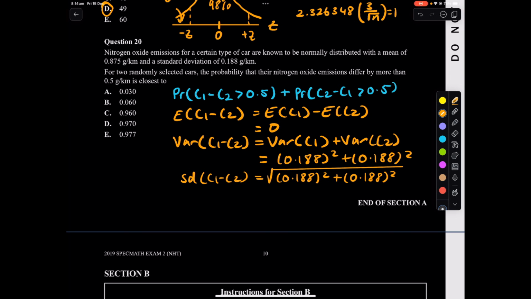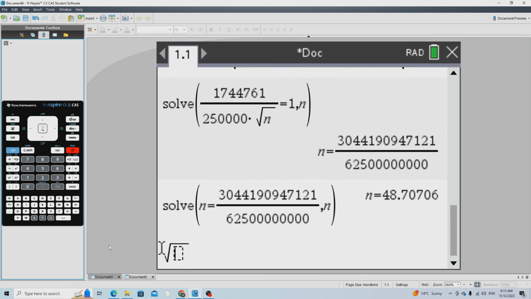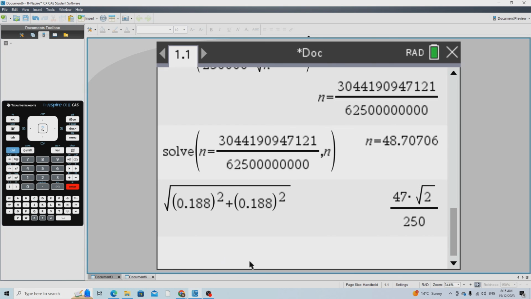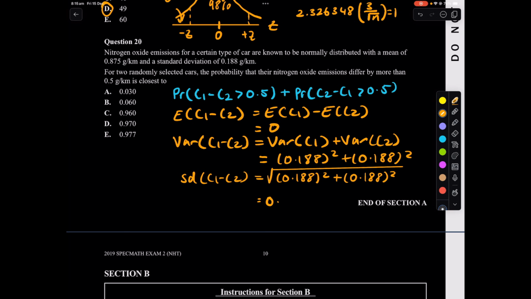So let's do that. Square root of 0.188 squared plus this. And it gives us this number, 0.2658721.